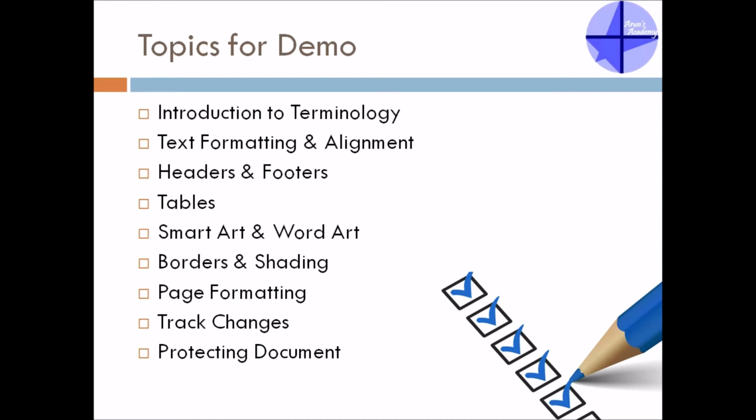Let me tell you in the beginning itself, these are not the only options available in MS Word. MS Word being an evolved software, there are many more options which you can use. But this being a computer fundamentals session, we are covering all the basics which are required to understand and work on MS Word software.